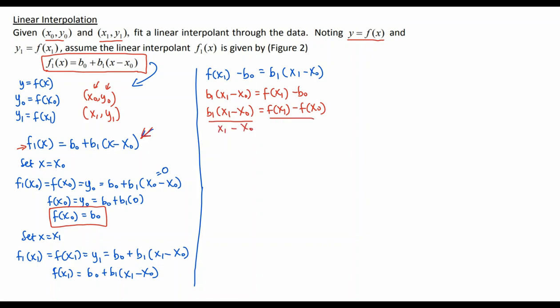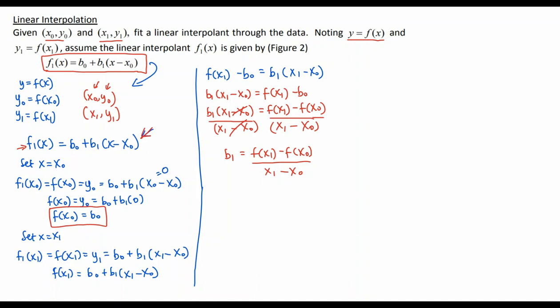This will cancel out, and at the end we are going to have b1 equal to f of x1 minus f of x naught, divided by x1 minus x naught. So this is what you have.